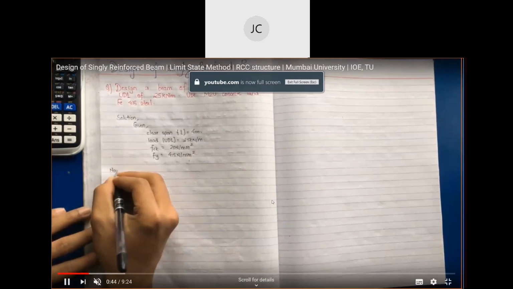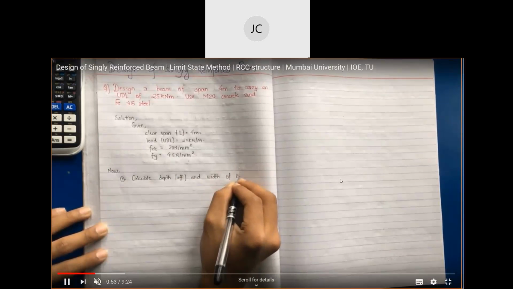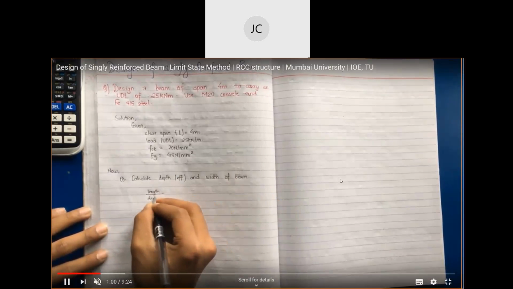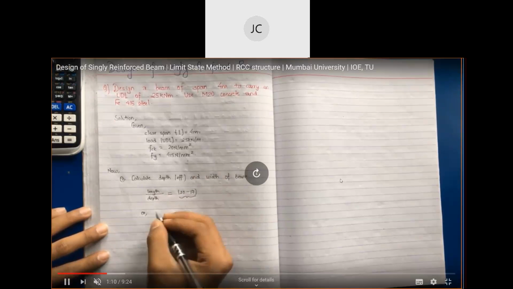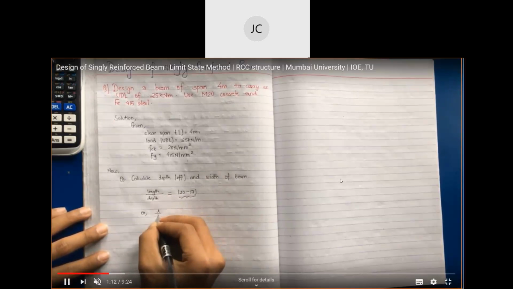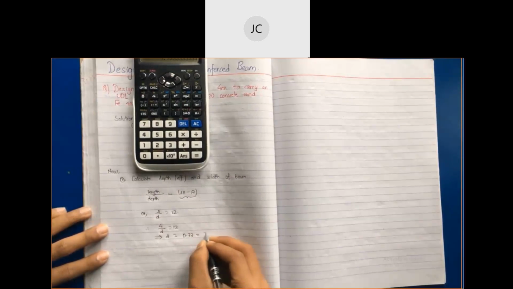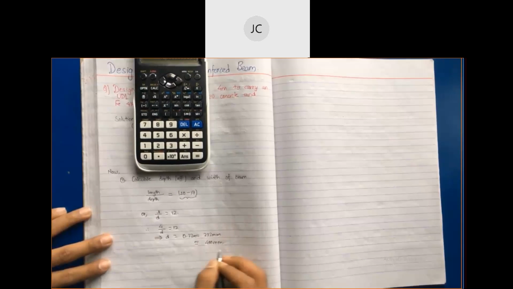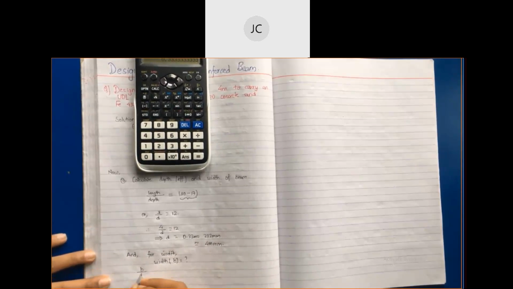Then we have to check the depth and width of the beam. L by D ratio they have assumed as 12. It should be 10 to 17.